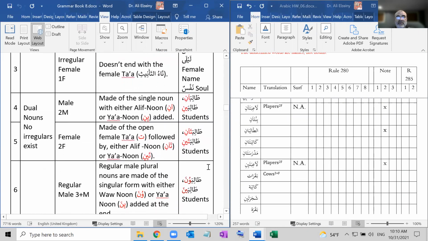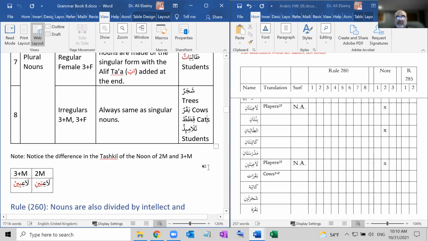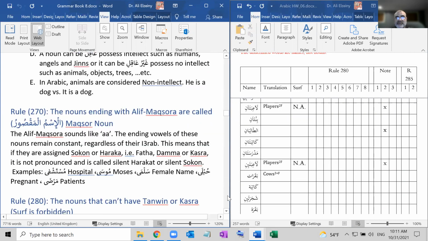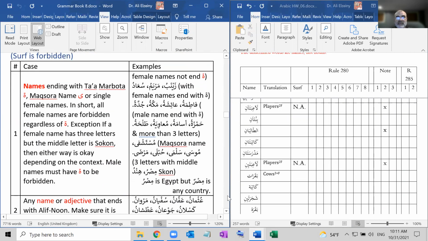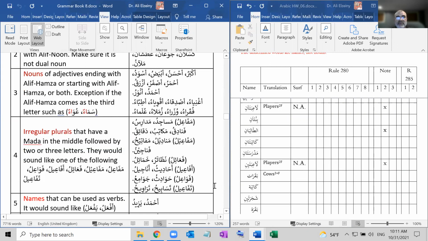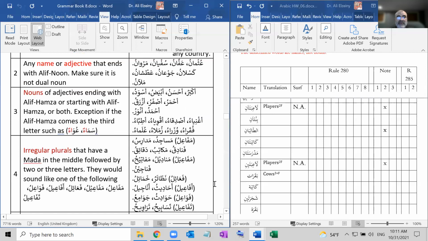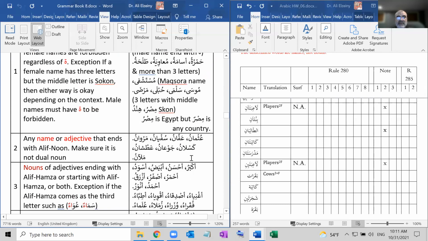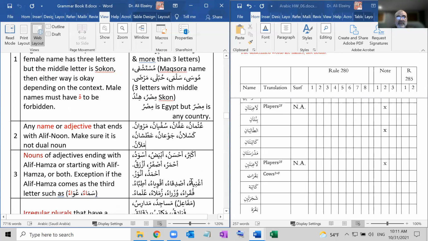To find out if sarf is allowed or not, we go to table 270, 280. Okay. We go over the table. It's not a name. It doesn't end with alif noon.